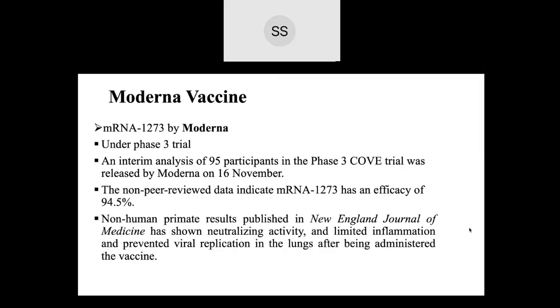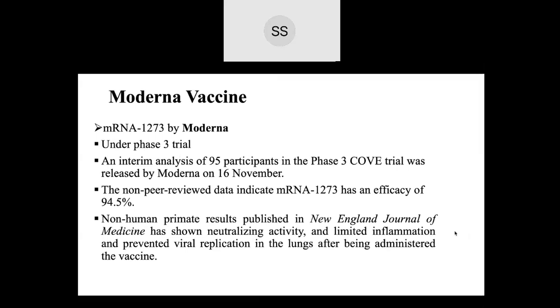The next is the Moderna vaccine, which is another mRNA vaccine, the same as the Pfizer vaccine, and it has been approved by the FDA.